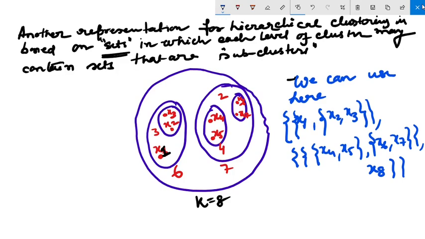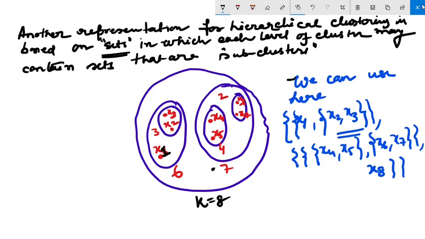So here what happens, with x1 we are merging x2 and x3, and then we have x4. With that we are merging this one.